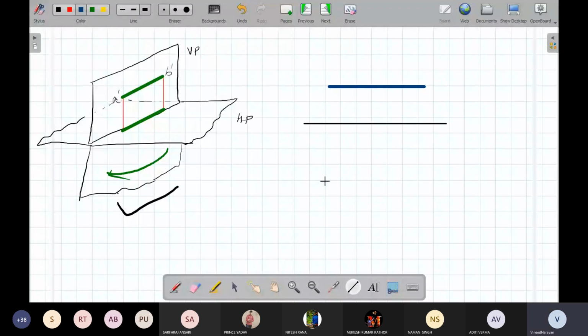This one and this one. So you can basically use the drafter to project this. They're called projection lines. These thin lines are projection lines or helping lines.